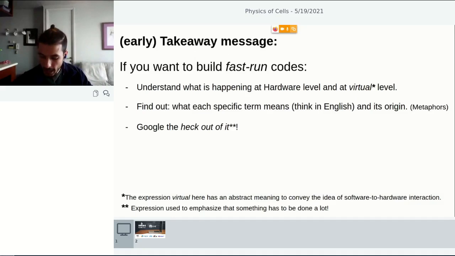So this is just an example to show the importance of, when you are studying things about computers, thinking about them in English.